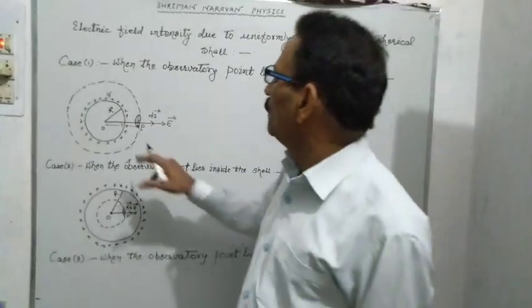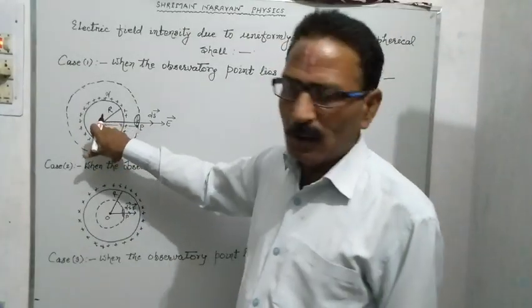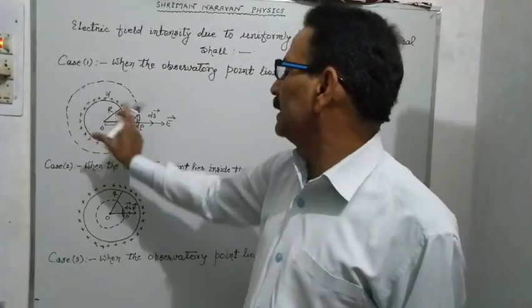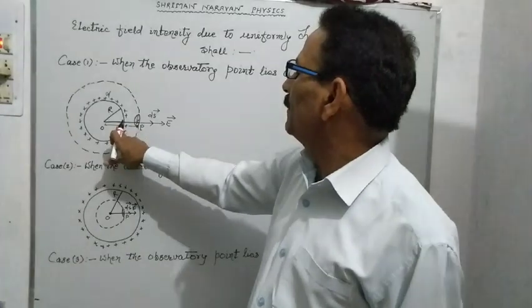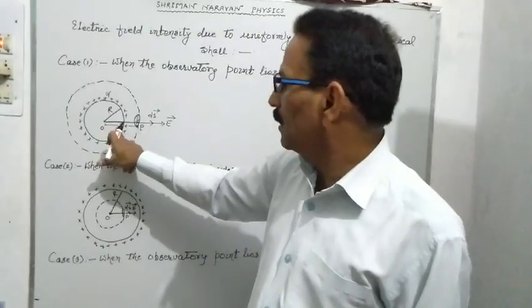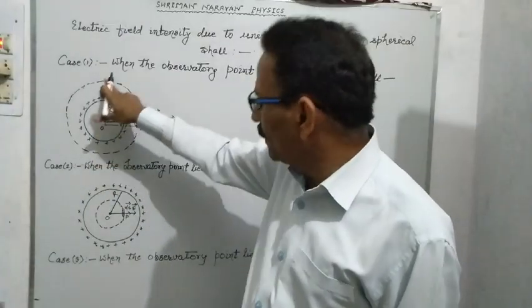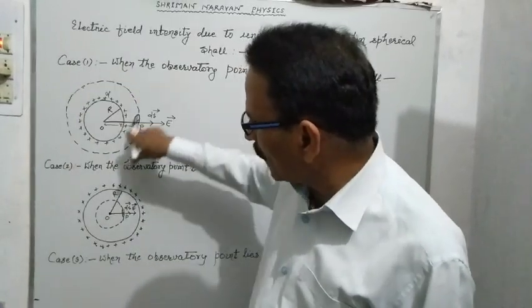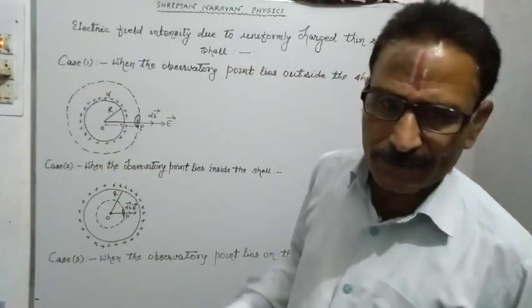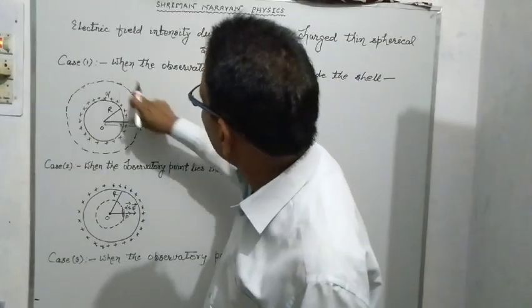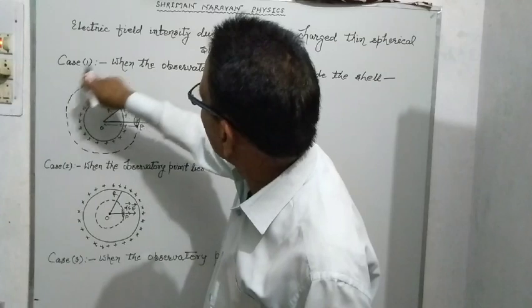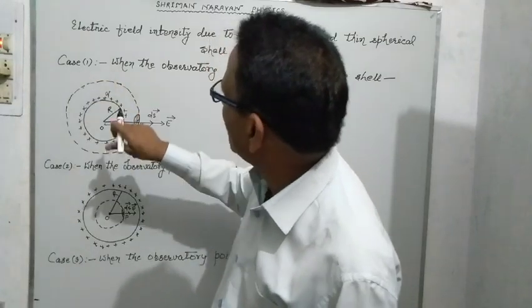So we take the point O as the center and this distance OP as the radius, that is, the value of radius will be equal to r, and we will draw a Gaussian hypothetical spherical surface. From the figure it is clear that this broken line represents the Gaussian hypothetical spherical surface.